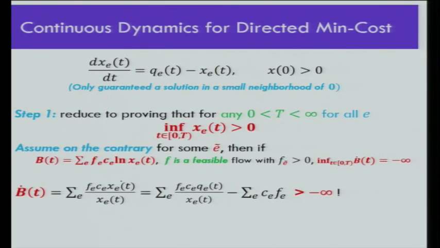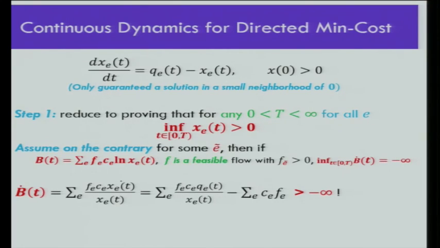Now let's just stare at these two terms. So this is some number which has nothing to do with time. And what is this? This is just the energy of the flow at time t.